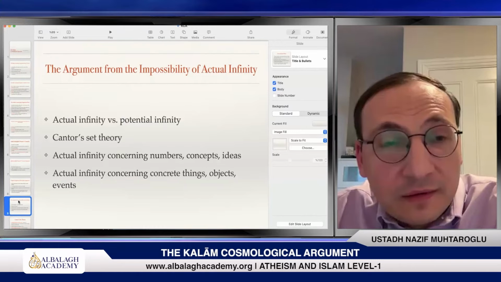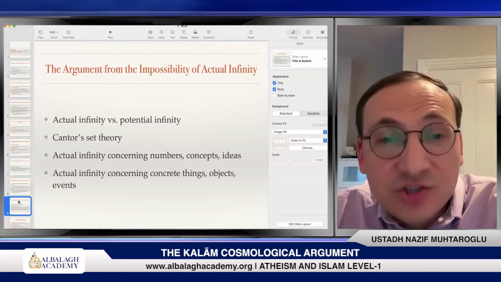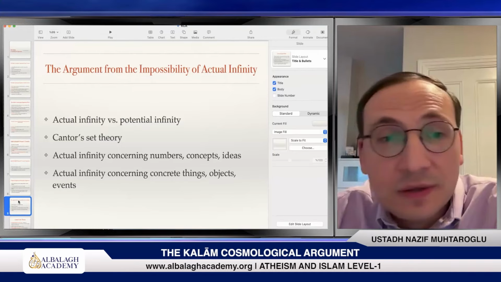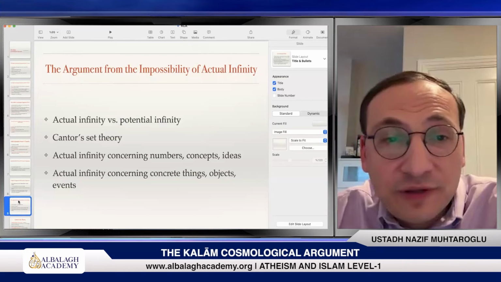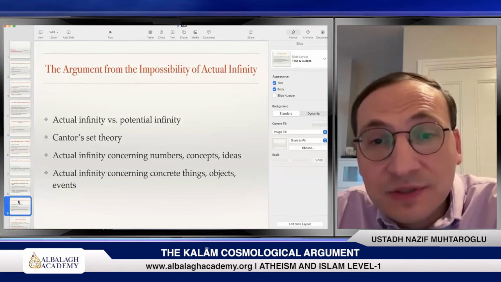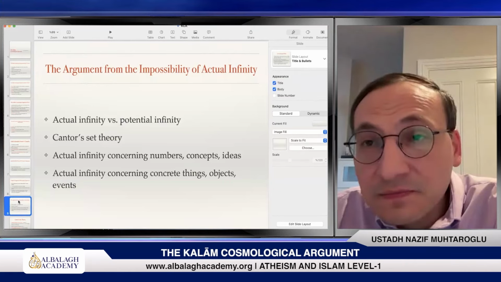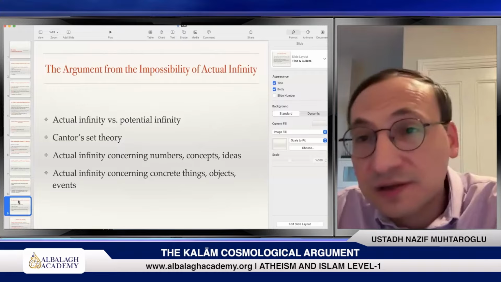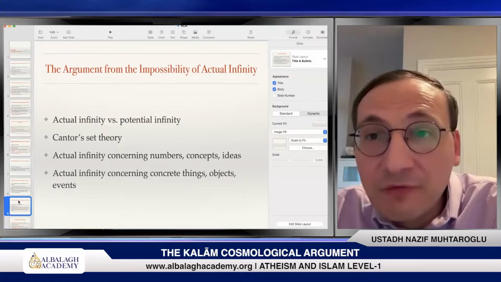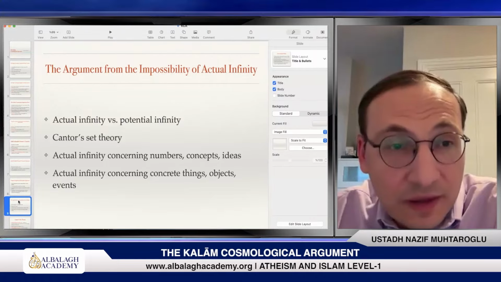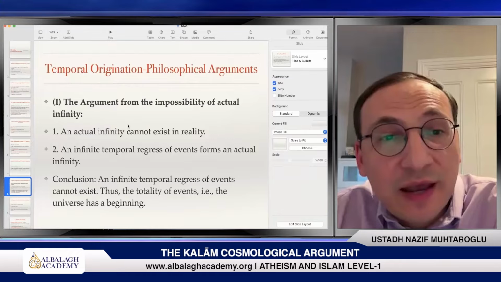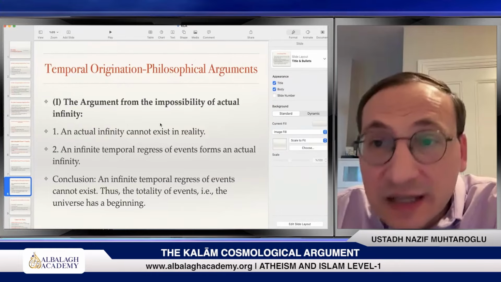And then there is a distinction here that is important to understand the force of the argument in question. The actual infinity that concerns numbers, concepts, and ideas, and an actual infinity that concerns concrete things, objects, and events. Craig formulated his argument and used here in the first premise by saying an actual infinity cannot exist in reality.